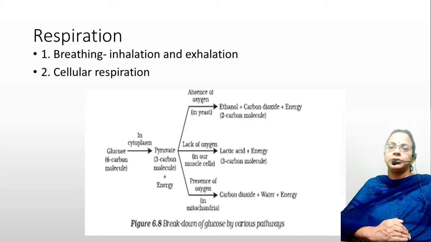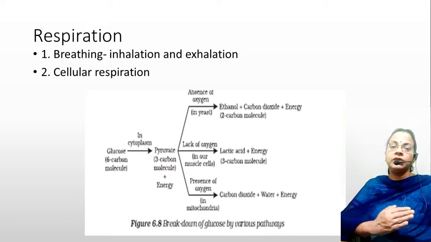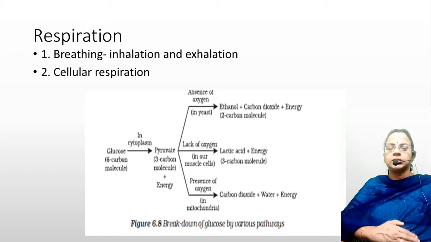The third type is called aerobic respiration, that is, in the presence of oxygen. In each and every normal cell, aerobic respiration takes place. If enough oxygen is present, the pyruvate will be completely converted into carbon dioxide, water and energy.